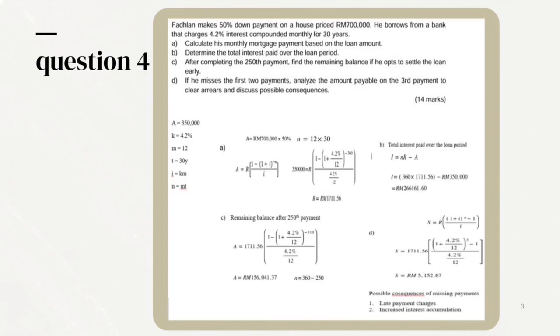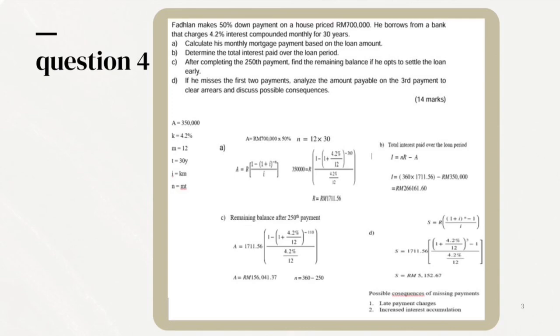We move to question C. After completing the 250th payment, find the remaining balance if he opts to settle the loan early. That means Fadlan needs to complete all the remaining payments, that is after the 250th payment.